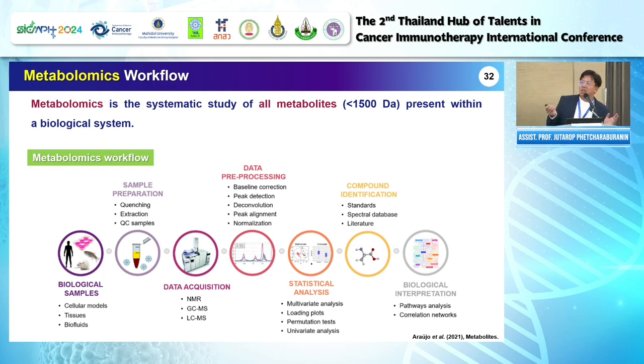But even for those 250,000 that we know, it is already difficult enough to identify all of these metabolites in our data sets, especially for NMR or nuclear magnetic resonance spectroscopy. So far, there is one company trying to develop an AI model to automatically identify the metabolites, but they failed big time.